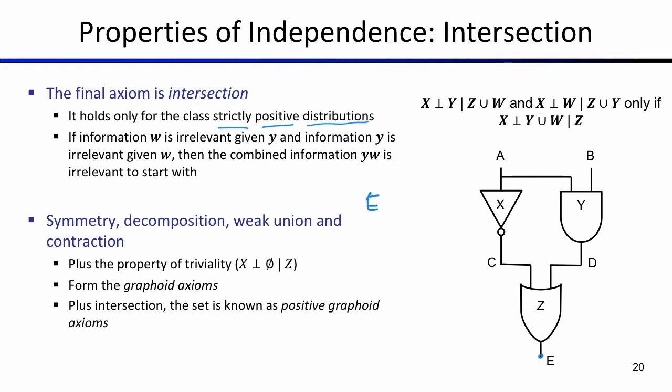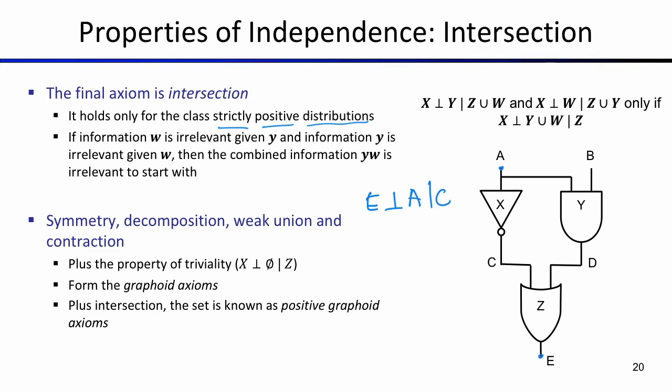So the output E is going to be independent of A, that is the input, if I know C. As I can determine C from A and A from C, if I have just one piece of information, it will make the other piece of information irrelevant to knowing the output.